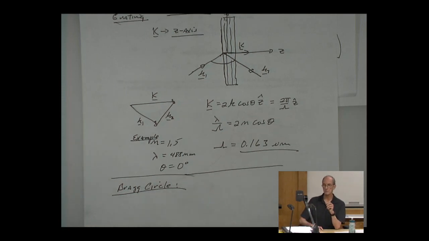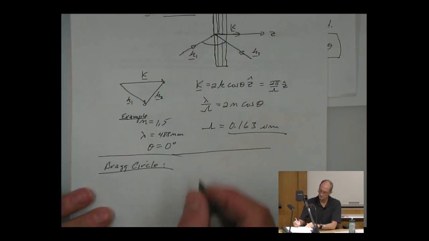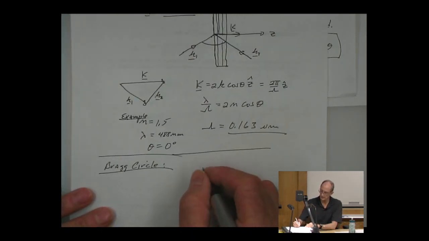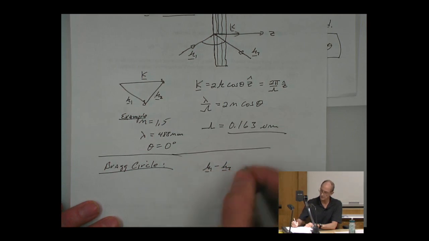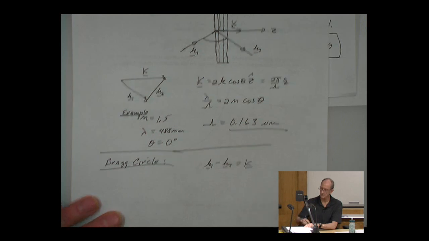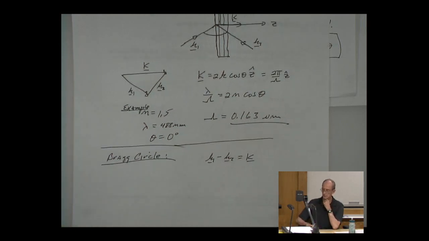Because a lot of times when you're trying to come up with a design, you want a way of visualizing this very quickly. The Bragg circle is basically a graphical representation of our K1 minus K2 equals K, this K vector closure or Bragg condition.